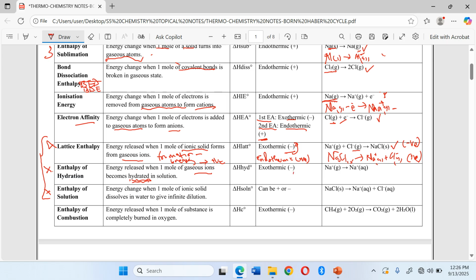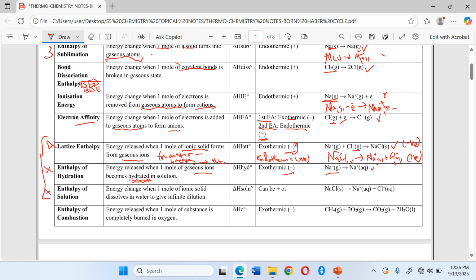And we are saying it is exothermic. We give an example: sodium, a gaseous ion, when you add water to this ion, becomes hydrated, forming aqueous sodium ions.